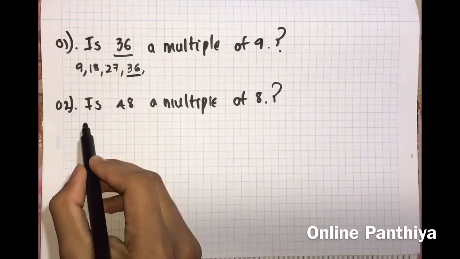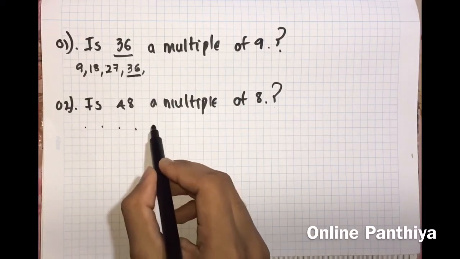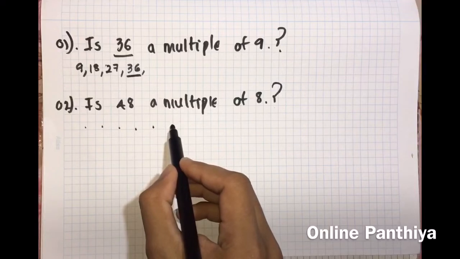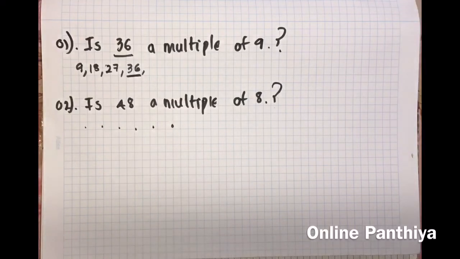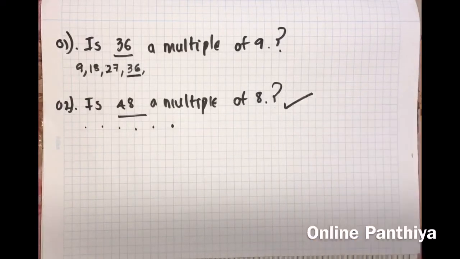How? 8 times 1, 8, 16, 24, 32, 40, 48. So do you get 48 in the answer? Yes. Therefore, is 48 a multiple of 8? Yes. Was that clear? Now isn't this easy? Very easy. These are the type of questions you have in your book. So you might be able to solve this.